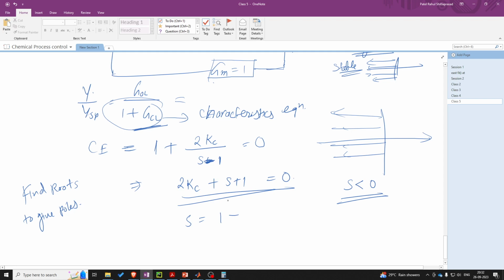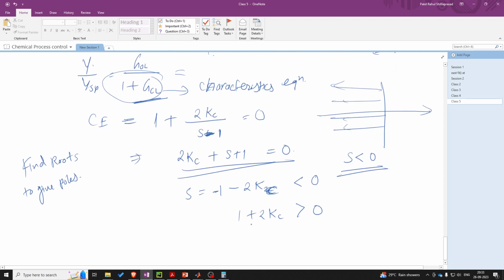1 minus 2 Kc. Am I doing it correct? S equal to minus 1 minus 2 Kc. So this should be less than 0. That is 1 upon 2 Kc should be greater than 0.